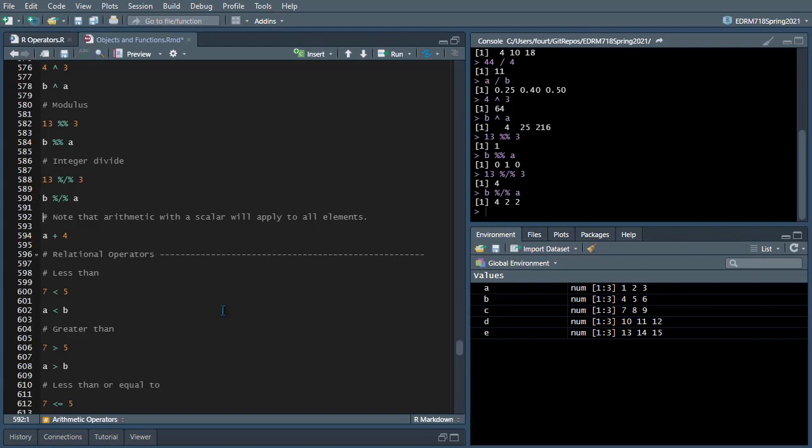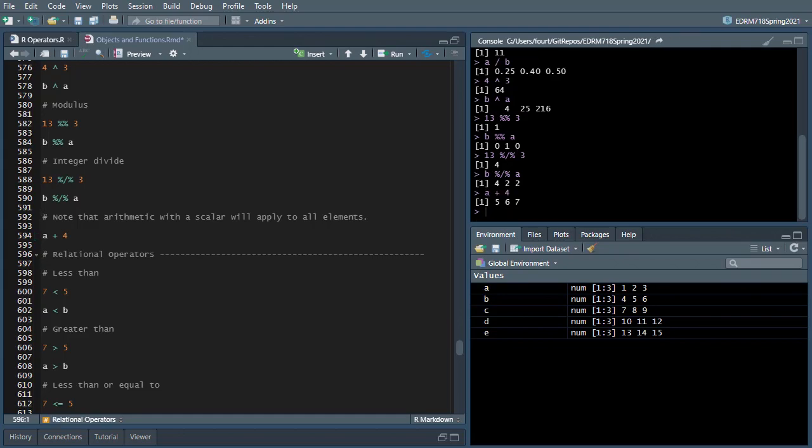Doing it for the vector, if we have 4 divided by 1, that's a 4, no remainder. 5 divided by 2 is 2 with 1 remainder, but this now gives us the 2 part, and 6 divided by 3 is 2. Note that if you do arithmetic with a scalar, it will apply to all elements.